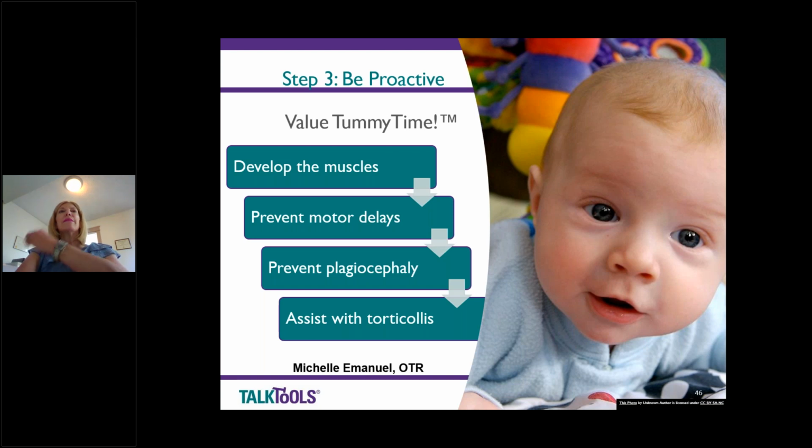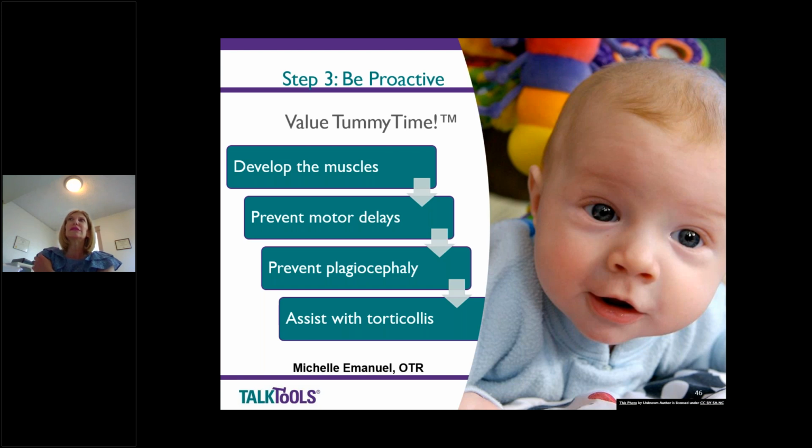And tummy time, according to Michelle, develops the muscles, not only in the body, but in the mouth. It prevents motor delays. It prevents plagiocephaly, which is flattening of the head. Remember I told you before to look at that. We want to see if that's going on, and it can assist with torticollis.